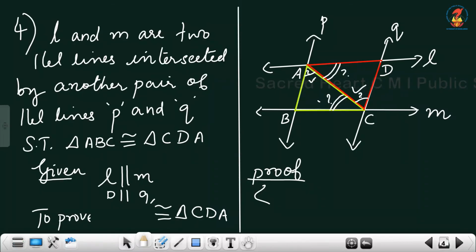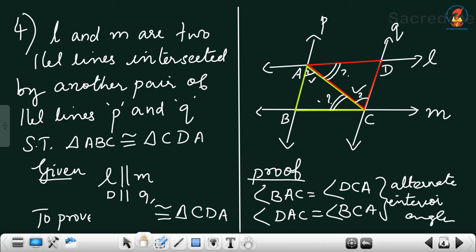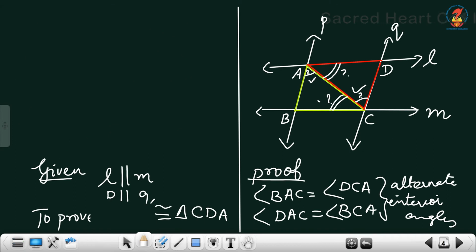So the first one is angle BAC is equal to angle DCA. Second one is angle DAC is equal to angle BCA, using alternate interior angles are equal. Then the last one is AC is equal to CA, common.